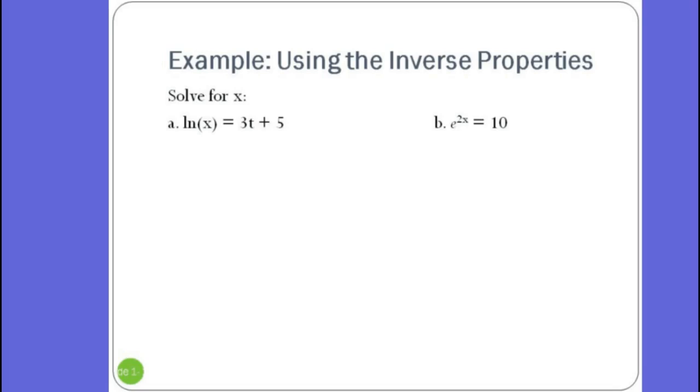So we e both sides. So you have e to the natural log of x equals e to the 3t plus 5. The rule of function composition with inverses is e to the natural log of x is the identity, which is x. So you get x equals e to the 3t plus 5. That's your answer.